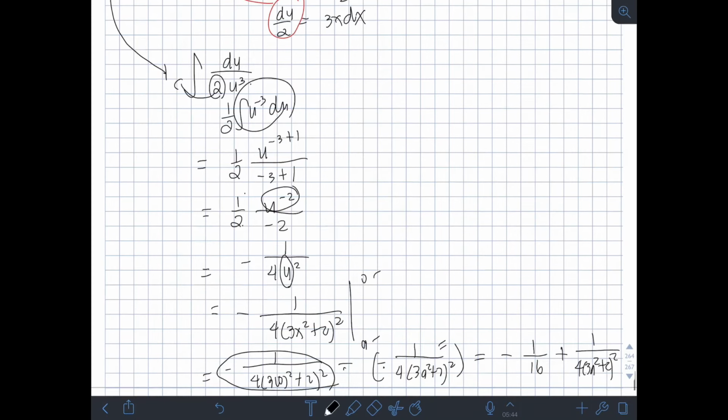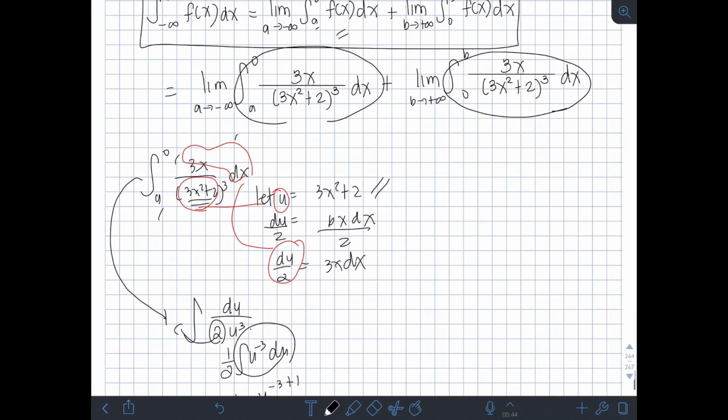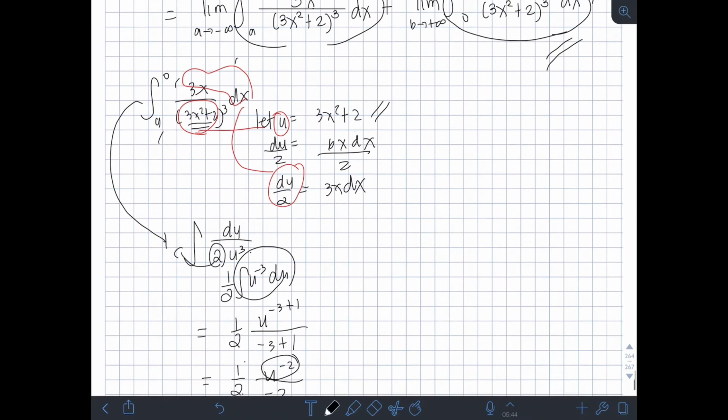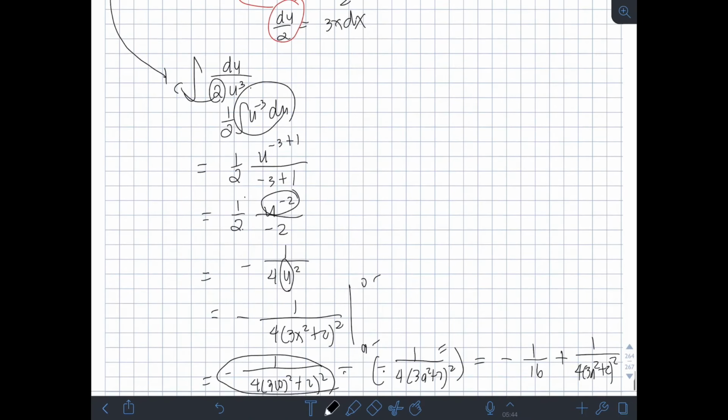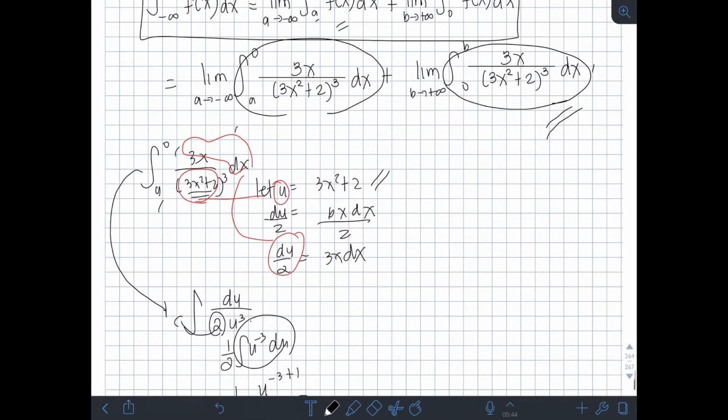Okay? Now, for b, the value of this integral should use the same antiderivative we got, negative 1 over 4 times (3x squared plus 2) squared. Only the lower and upper limits are different, from 0 to b. So, we evaluate the same indefinite integral, negative of 1 over 4 times (3x squared plus 2) squared, with limits from 0 to b.